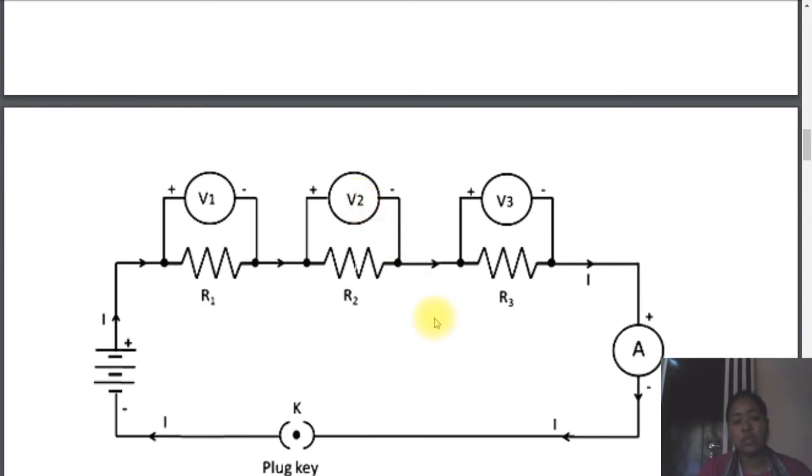In the third step, what will we do? We will open the circuit, that means current will not flow. Again, we will connect this voltmeter across the resistor R3.